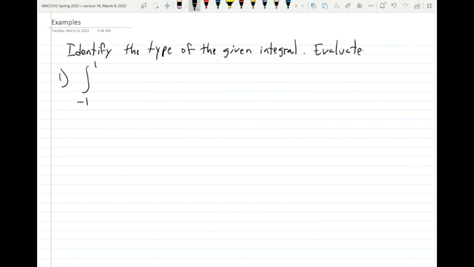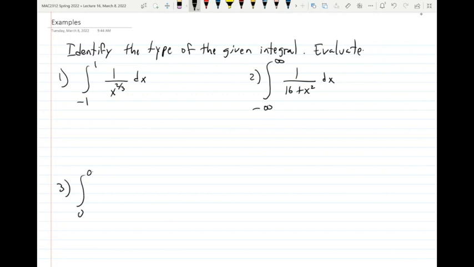Okay, so let me just put them here. The integral from -1 to 1 of 1 over x to the 2 over 3. The integral from -infinity to infinity of 1 over 16 plus x squared. The integral from 0 to infinity of x times e to the negative x.